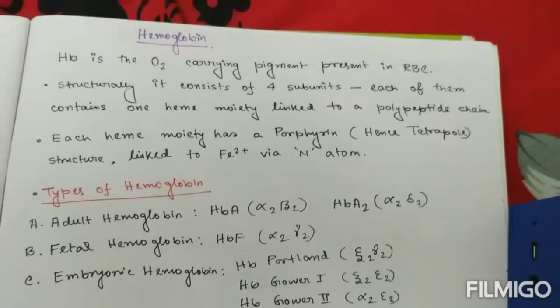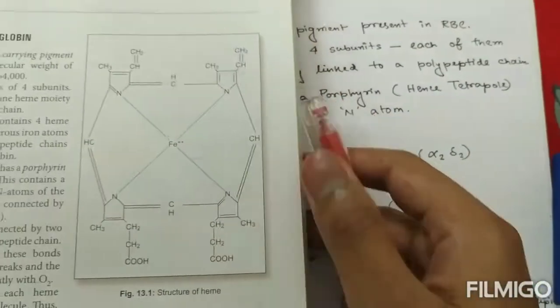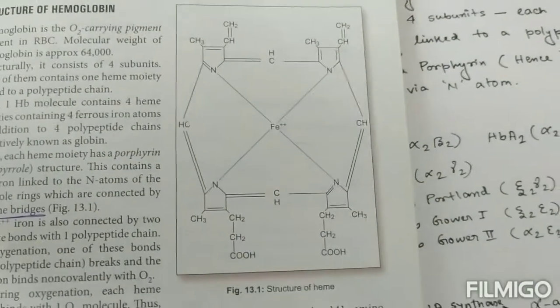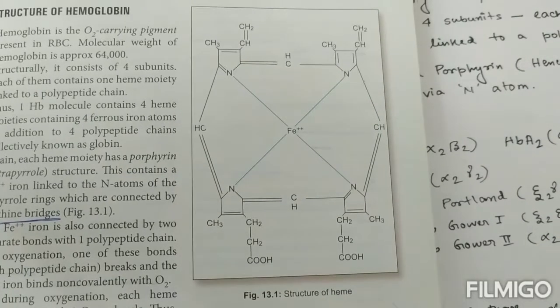We will look at a very simple diagram, and this diagram is from Debashish Pramanik physiology book, and this is the structure of heme, one single heme moiety.